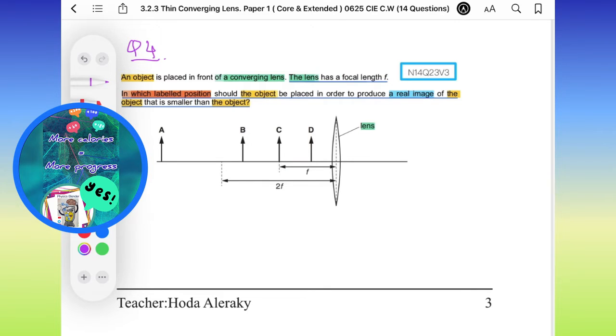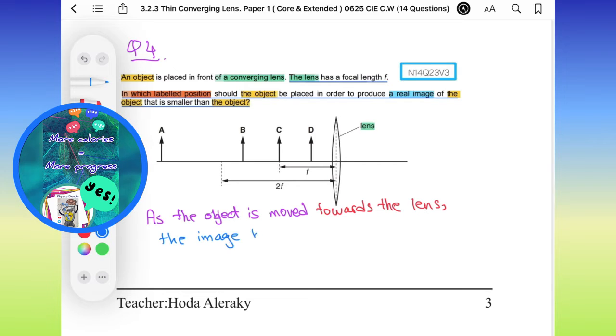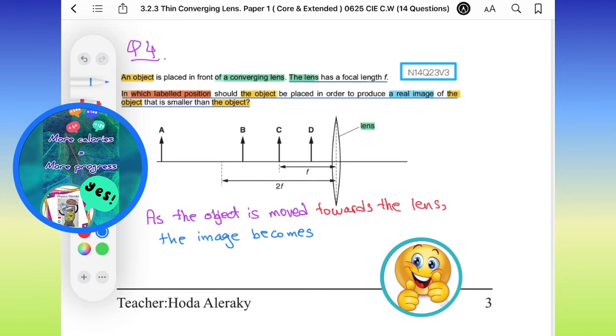Before we start question 4, I would like to tell you a statement which is very important about the location of the image and one of the properties of the image: as the object is moved towards the lens, the image becomes bigger and further away.